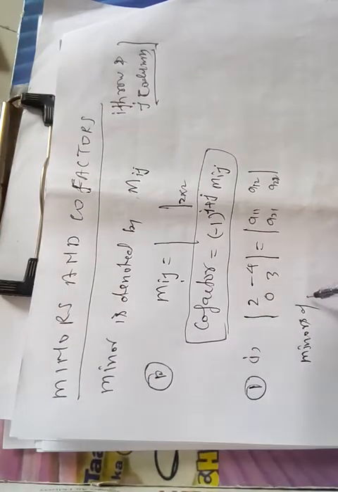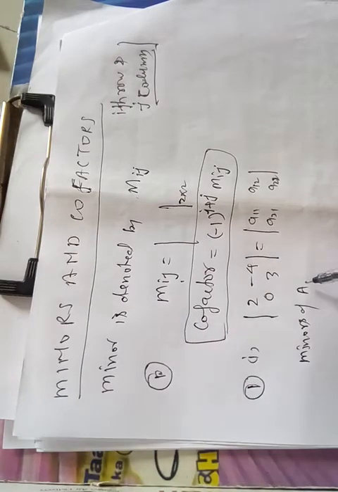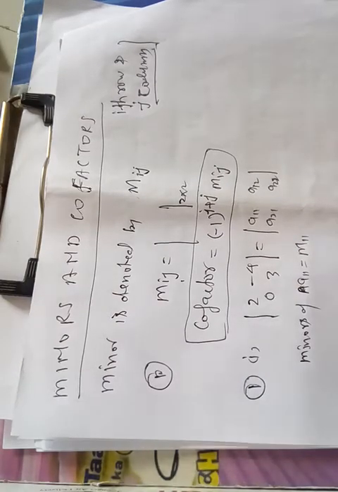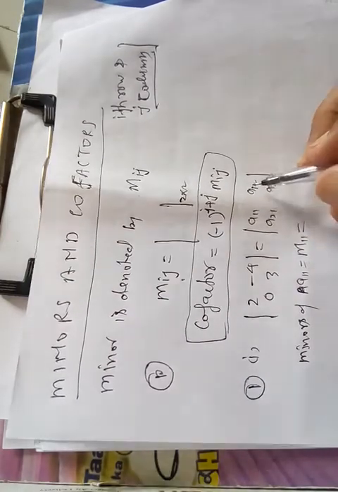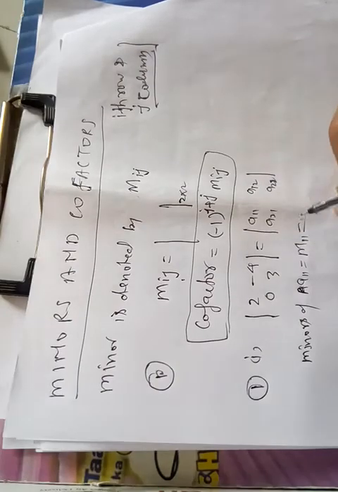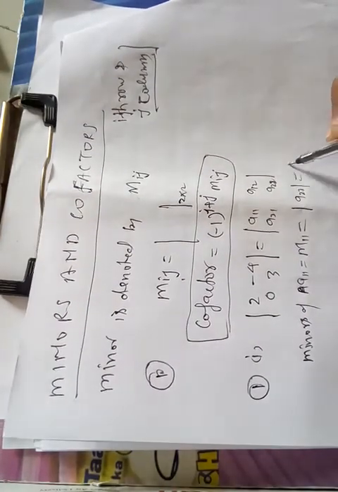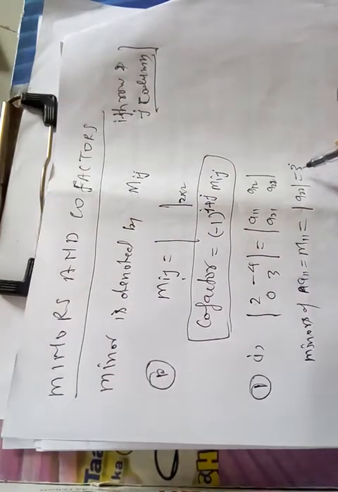So the minor of a11 is M11. Here, deleting the first row and first column, what remains is a22, which equals 3, right?